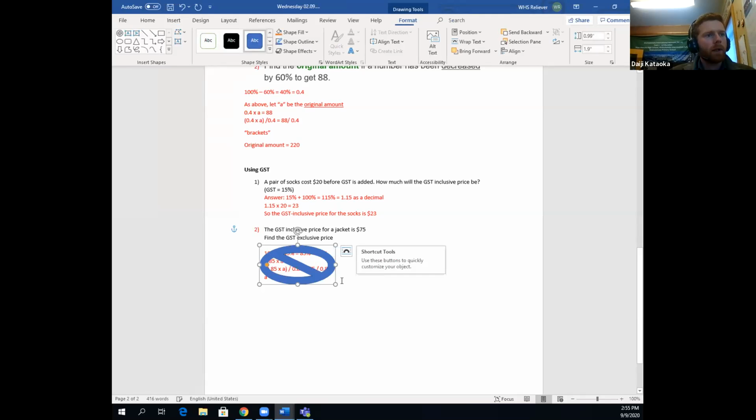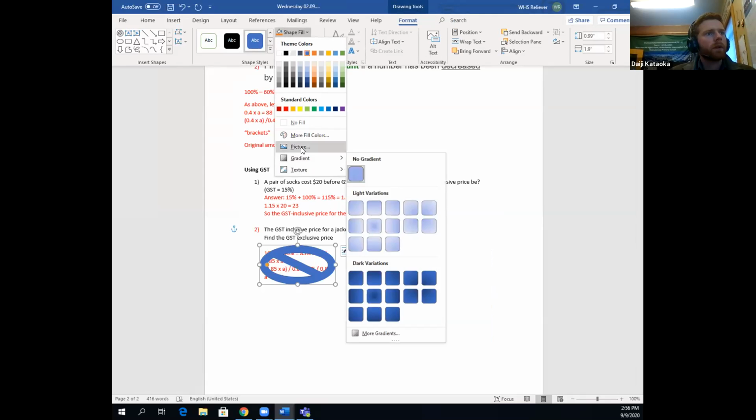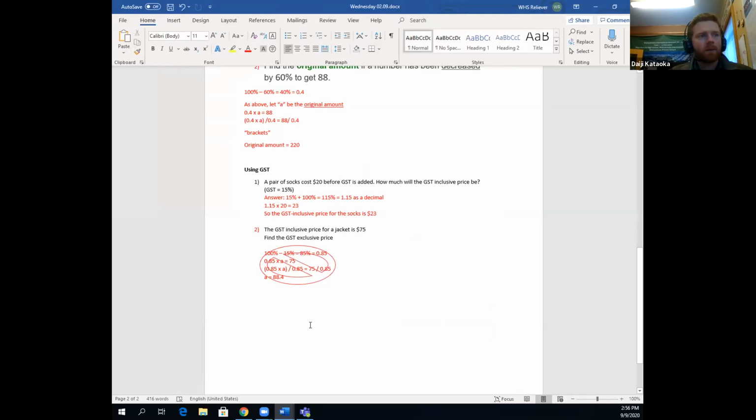Shape fill, and outline can be red. That means that's wrong. I want it to stay there though. I'm not going to delete it because I think it's a common mistake people will make. So why is this wrong?